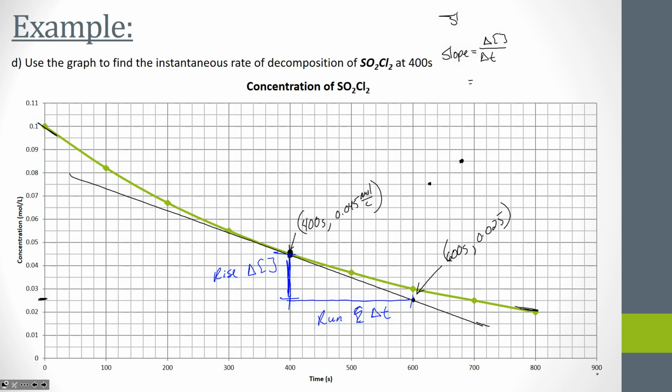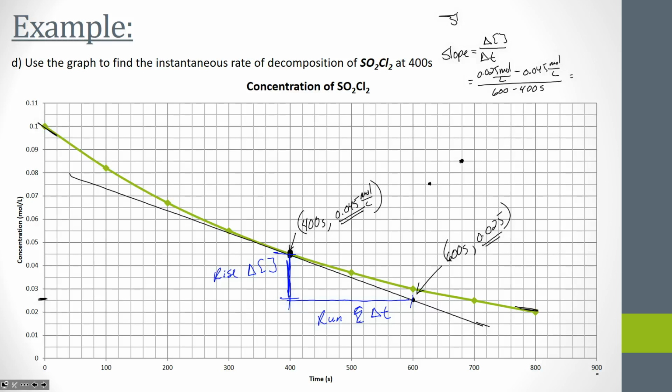My change in concentration: I started at 0.045 and ended at 0.025. So 0.025 moles per liter, take away 0.045 moles per liter, over my change in time from 400 to 600, so 600 take away 400 seconds.